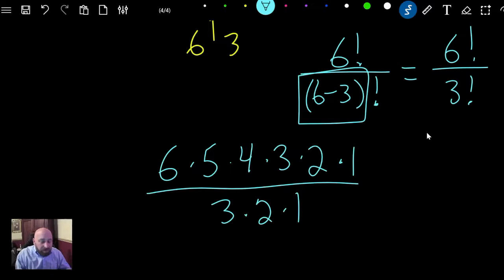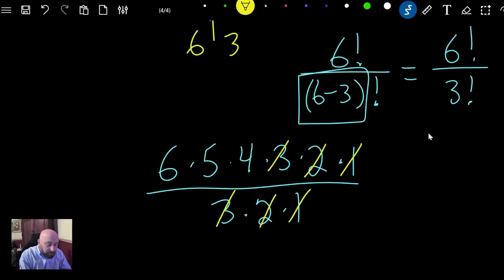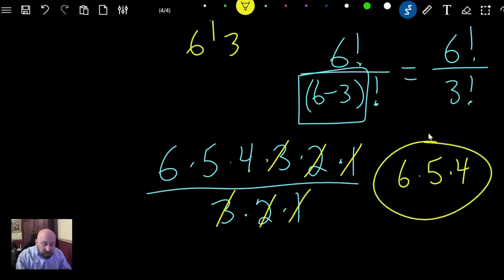Now I want to show you something. Remember, we're dealing with factorial here, right? So what we can do here is cancel anything that's the same on the top and the bottom. Okay? And so this is going to cancel to 6 times 5 times 4 over, all of that cancels, so it's over 1, or the fraction just goes away, so it's just this.